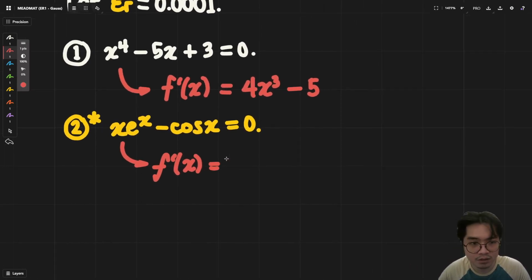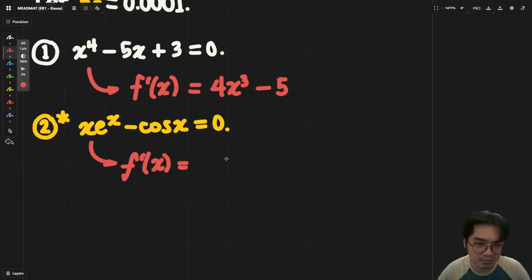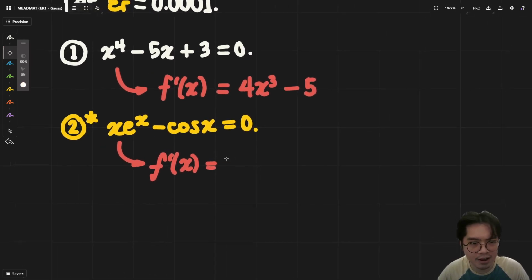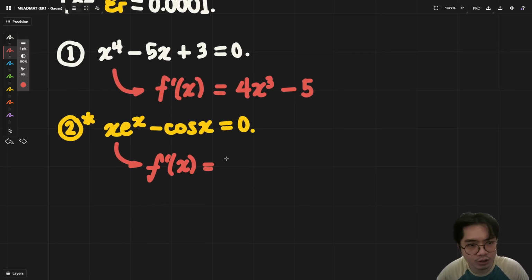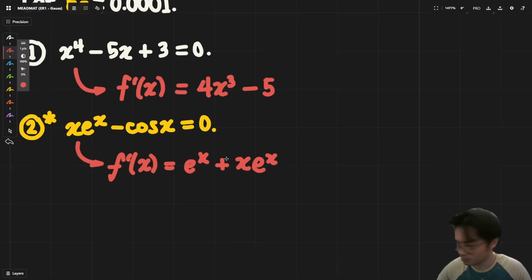The derivative for this will be a little bit more complicated, but still not that complicated. Here we have two functions that are multiplied together, so you will have f prime g plus f g prime. f prime is just 1 in here. g prime is just itself, e raised to x.